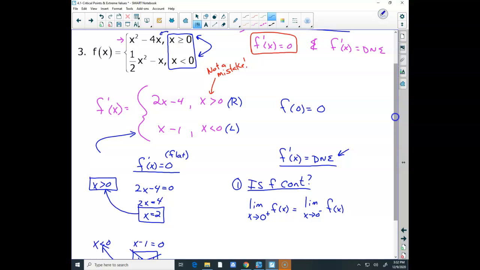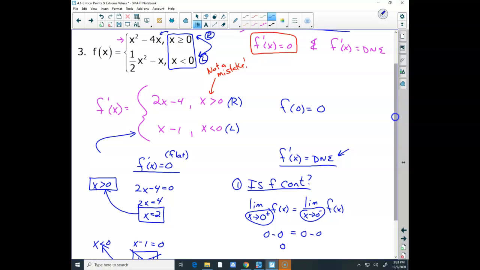If I plug in 0, on the right side it's 0 squared minus 4 times 0, which is 0 minus 0, and on the left side it's 1/2 times 0 squared minus 0.